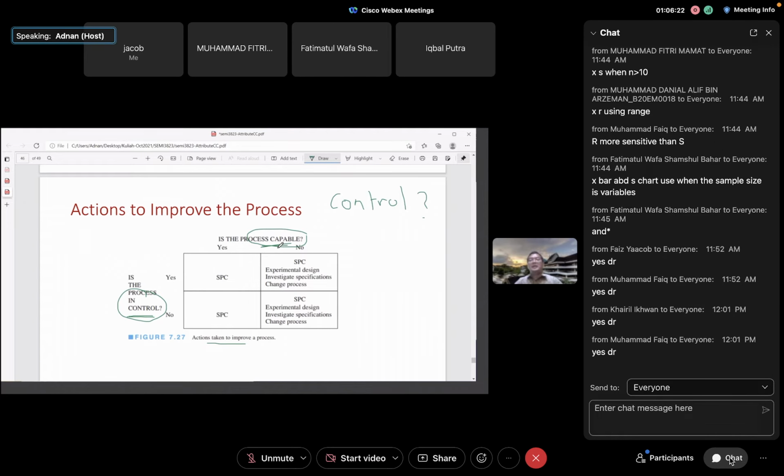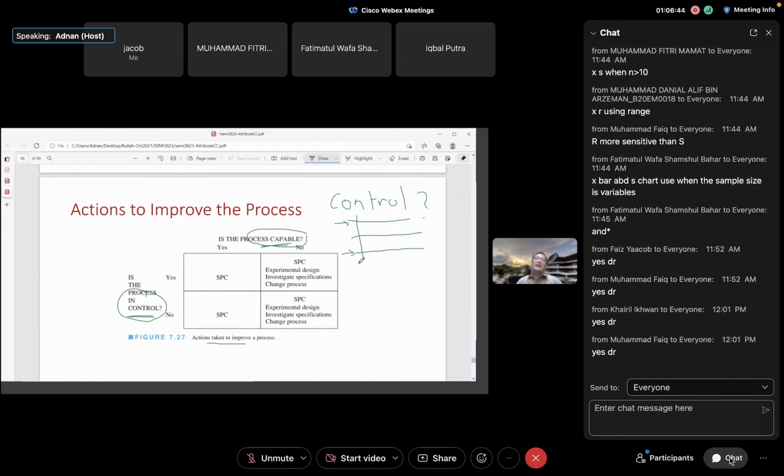Capability depends on the tolerance that we set. You still remember, control is determined by the process. You have a control chart: is it in control or not? The simplest way to see control is to compare with the control limits.